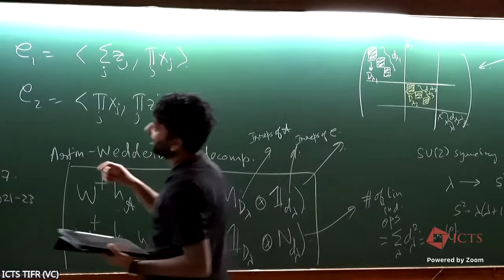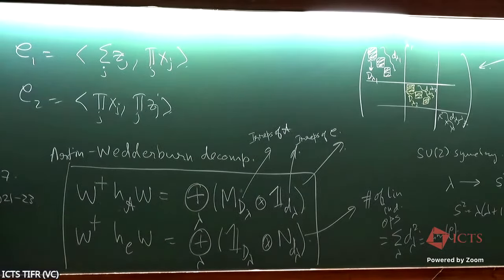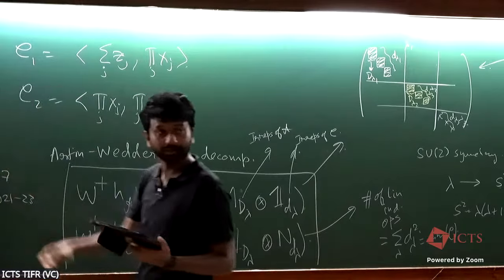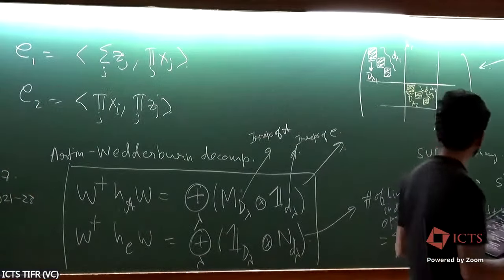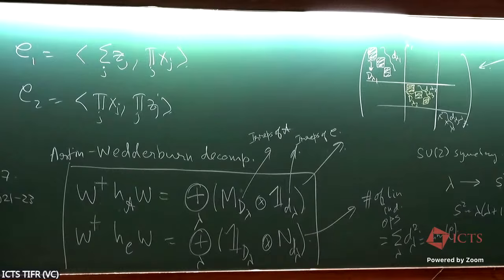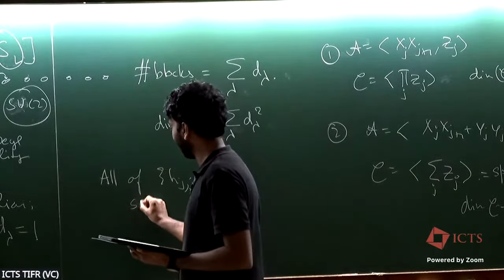So I'm completely working in terms of these local terms that generate my bond algebra, and then doing this kind of computation. One way of thinking about this block decomposition is to ask, what is the basis in which all of my bond terms are simultaneously block diagonal?